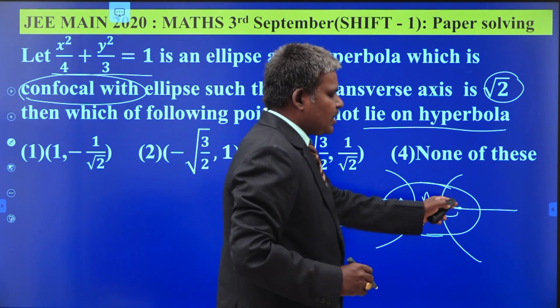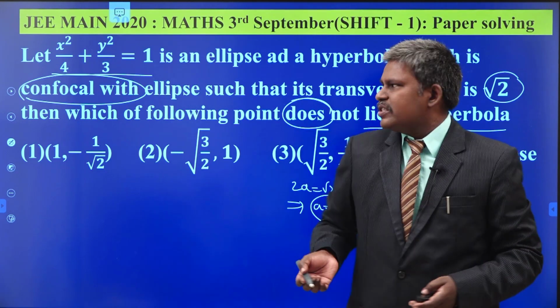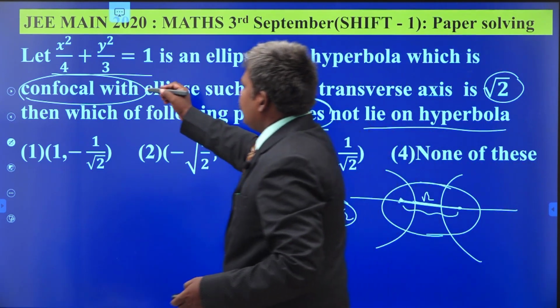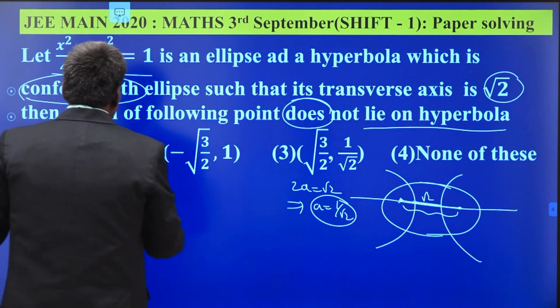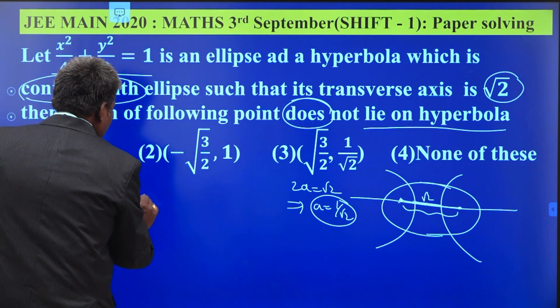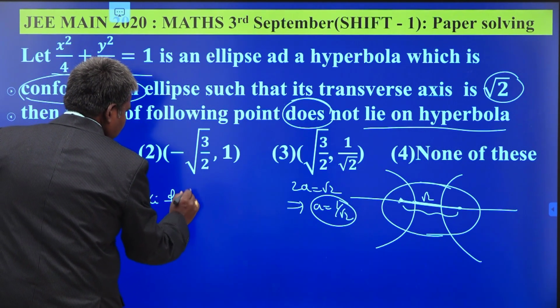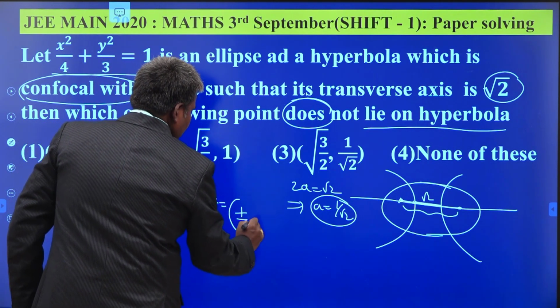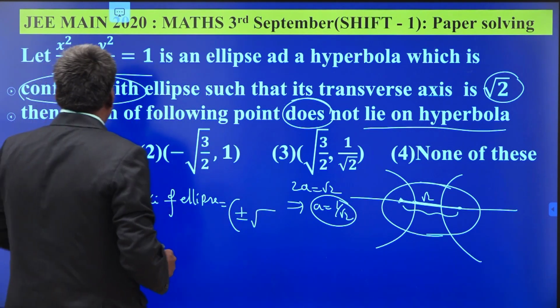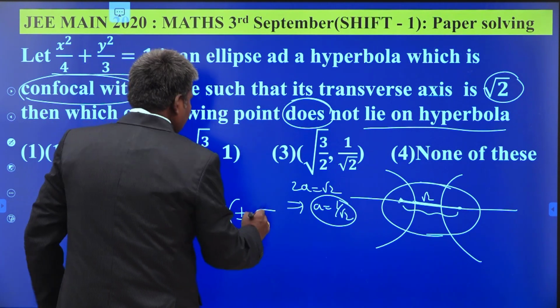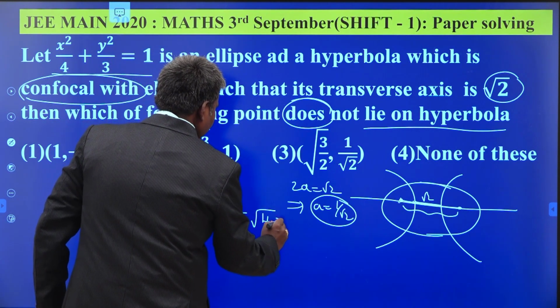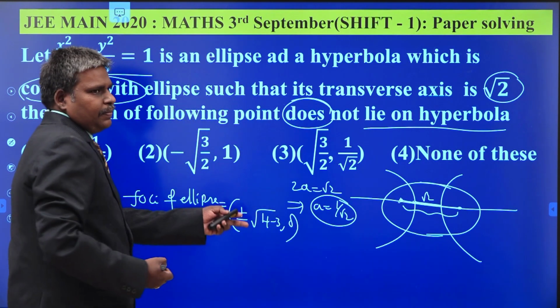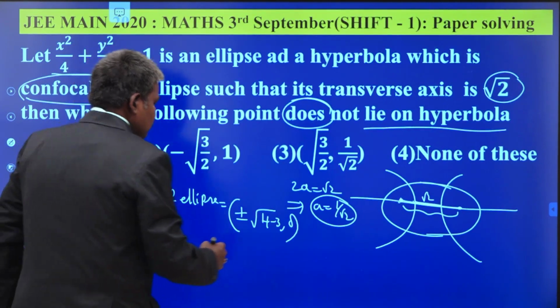Both of them have the same foci, means the distance between the two foci is the same. So, what are the foci of the ellipse now? The foci of the ellipse are plus or minus root of a square minus b square, comma 0. ae is nothing but root of a square minus b square.